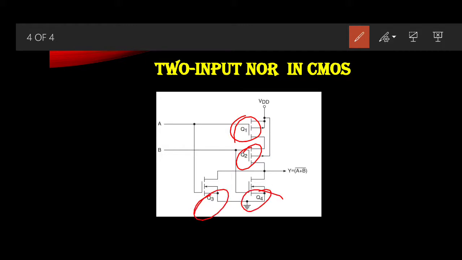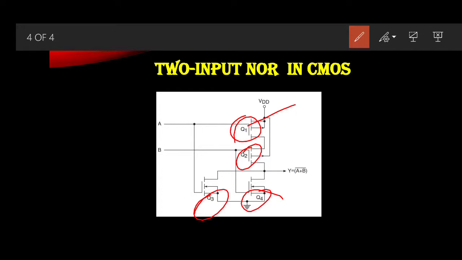Q1 and Q2 are connected in series between VDD and the output terminal, and the N channel MOSFETs are connected in parallel between the ground and the output terminal.